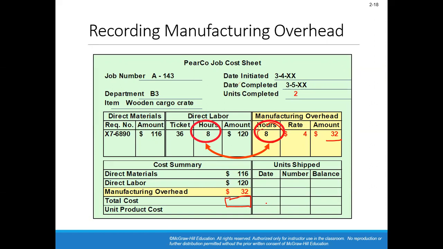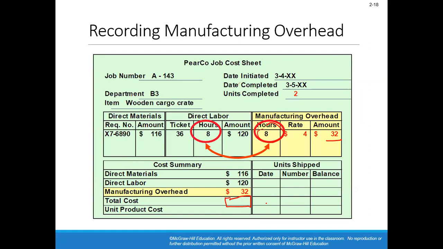The allocation base is a cost driver, and a cost driver is an idea: if that base goes up, my manufacturing overhead cost goes up, and if the cost driver, the direct labor hours in our case, goes down, my manufacturing overhead cost goes down.